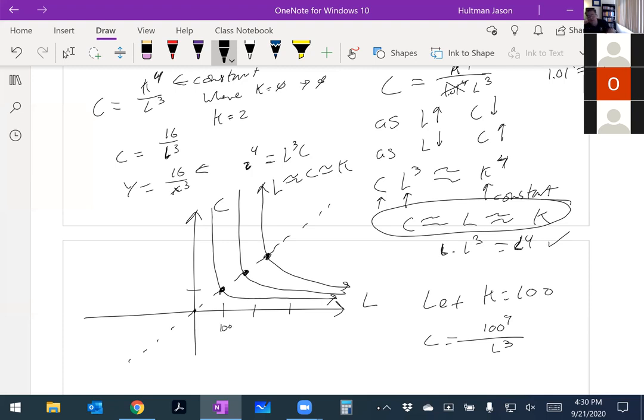And then it gives us a general idea of what these level curves are going to look like, because of the relationship between the powers. It's counterintuitive, but it does work.